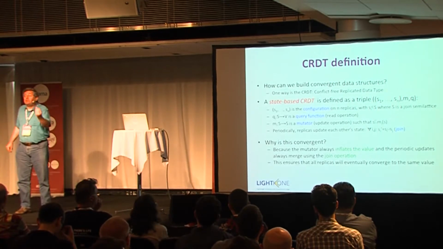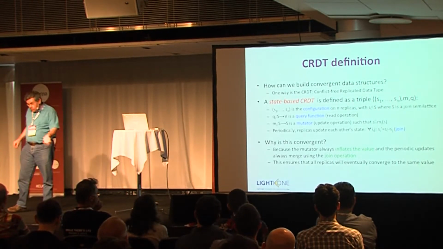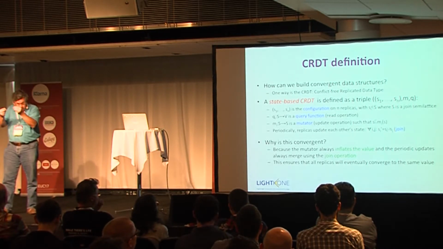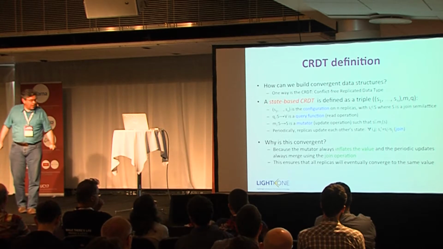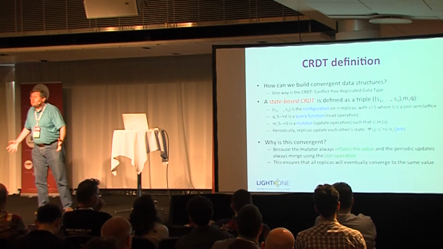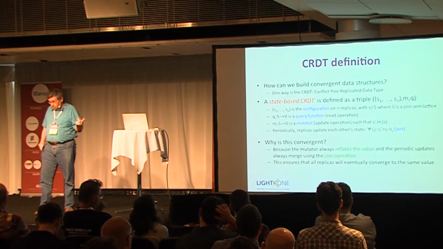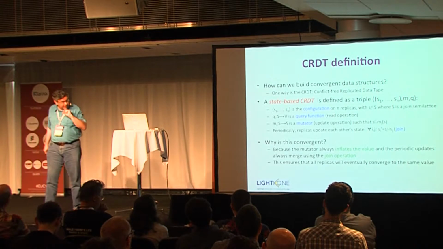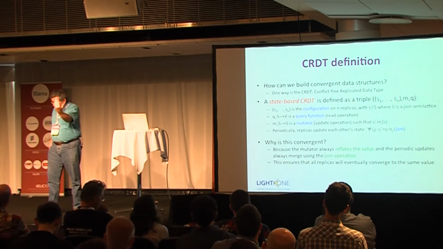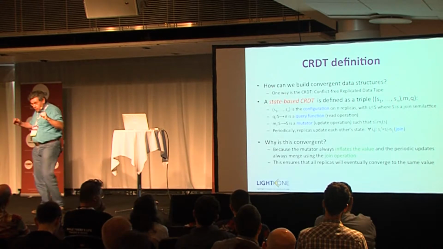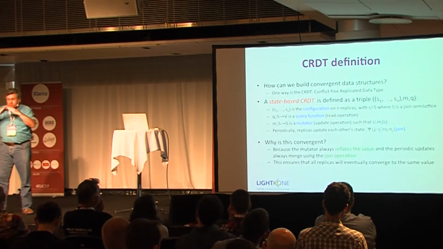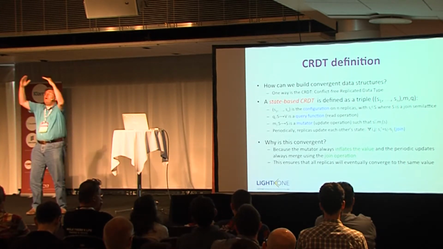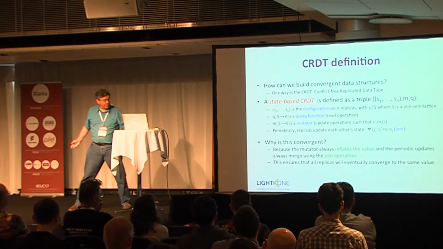Basically, it moves up the lattice, and the join operation will merge two states on the lattice, also moving up on the lattice. So because of this, this structure is convergent. Proving that completely formally takes a little bit of effort, but intuitively it's pretty clear. The mutator is always making the value move up, and the join operation is always merging values. So when all replicas see all updates, they've all moved up to the same value, okay?